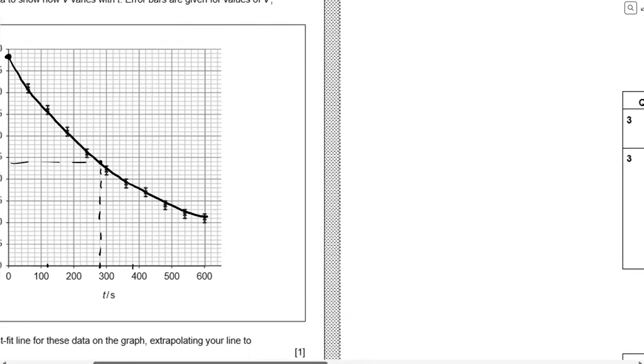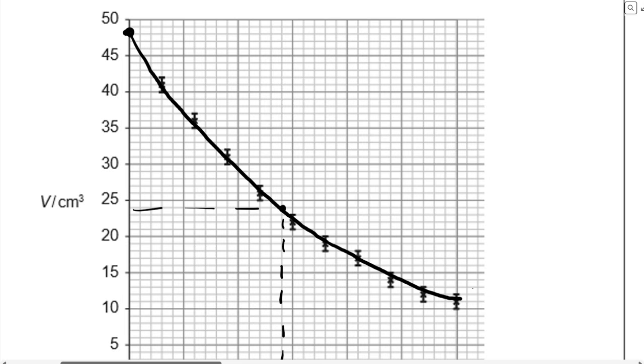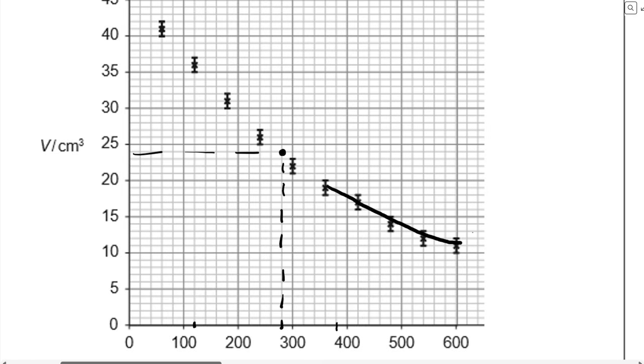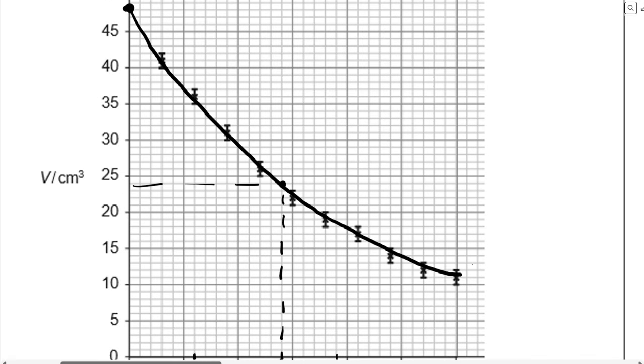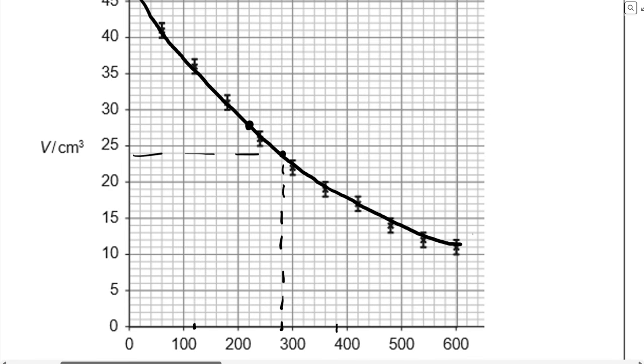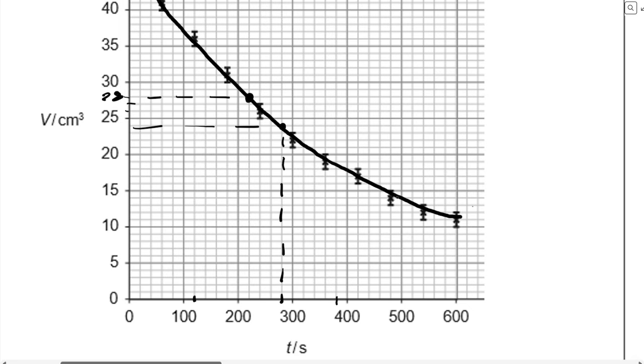And let's take another point. Let's take something like, actually we need an even number, 28. And we need to find 14. Okay, 14 is about this, so we have 500.